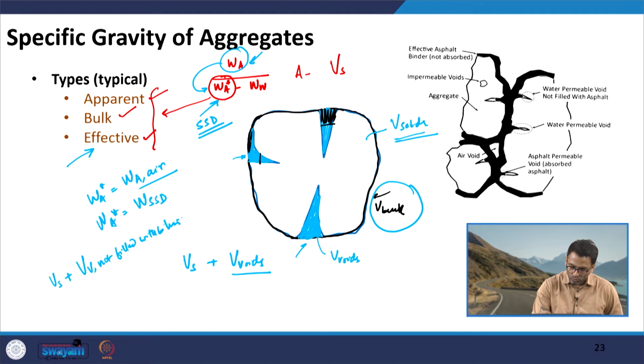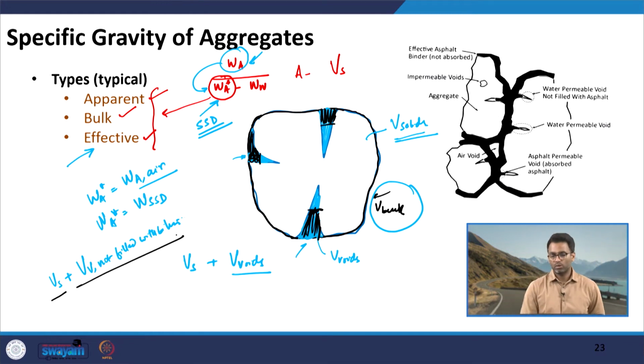Here it was able to go up to this height, and here it was able to go up to this height, all right. So, I am interested in the white volume plus the blue volume and minus the black volume. So, I am interested in volume of solid plus volume of voids which is not filled with bitumen, all right.